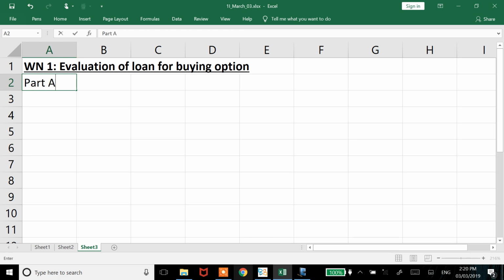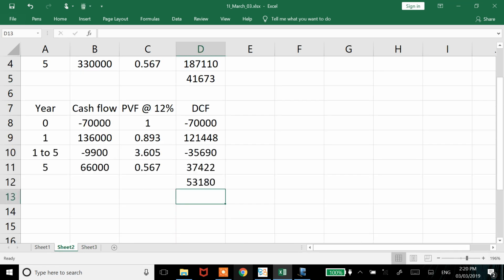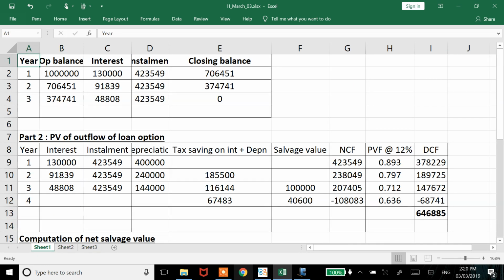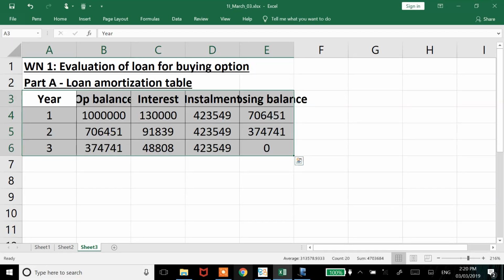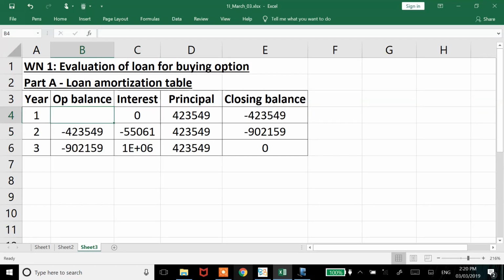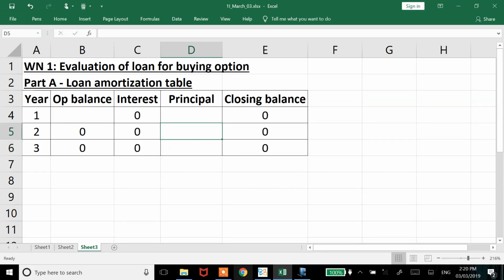Part A, loan amortization table. Year, opening balance, interest, principal and closing balance.